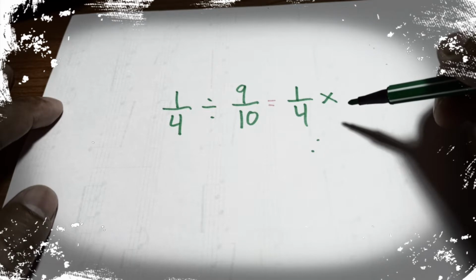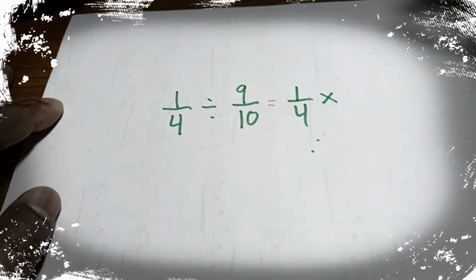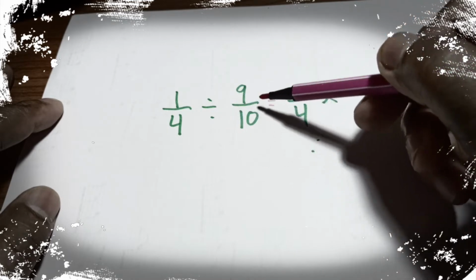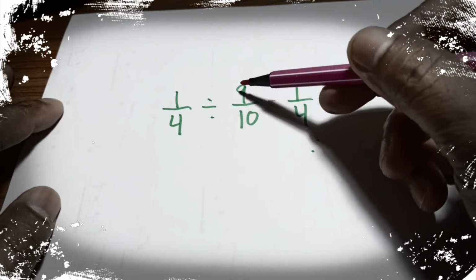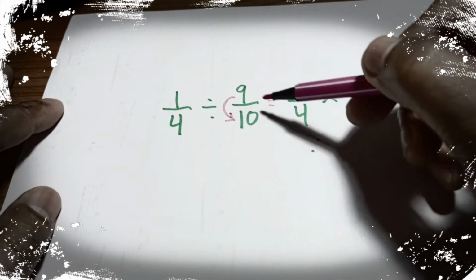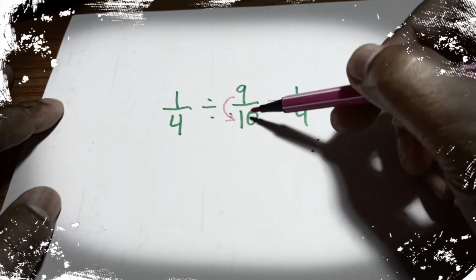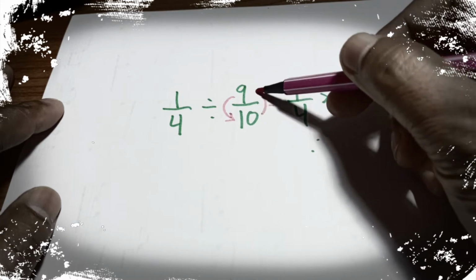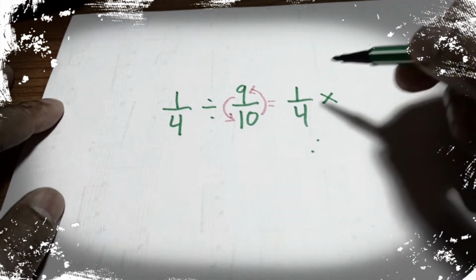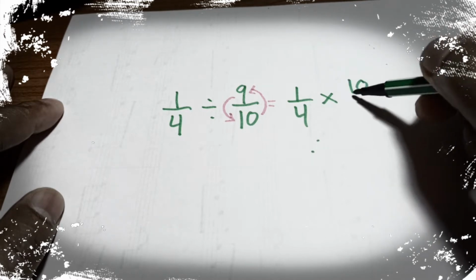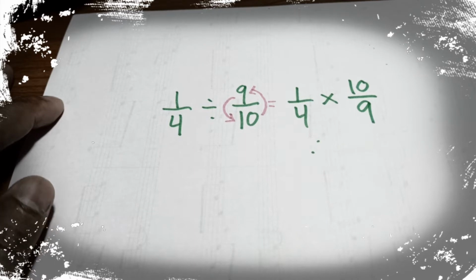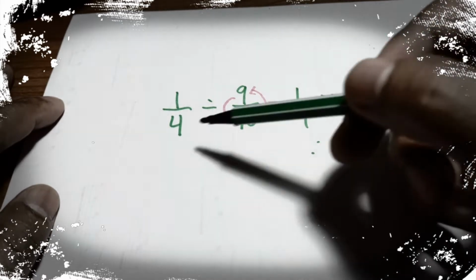And instead of copying the divisor, which is 9/10, you have to swap the position, so 9 will go down and 10 will go up, so it will become 10/9.